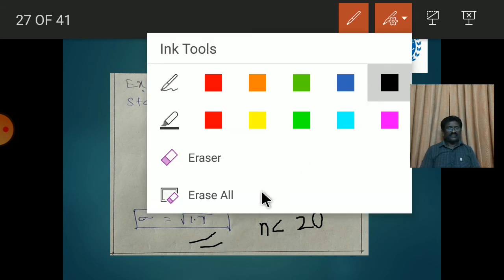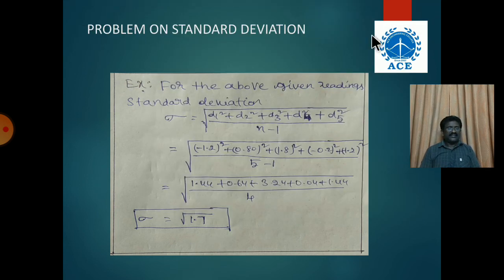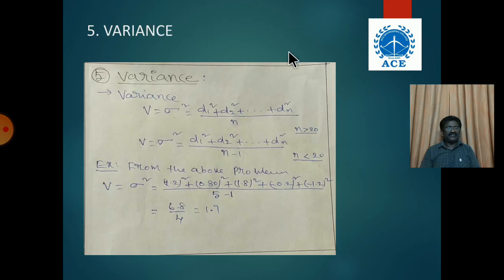Next one, variance. Here variance V equal to sigma square. That means variance is the square of the standard deviation. That means you can write d1 square plus d2 square plus so on plus dn square.